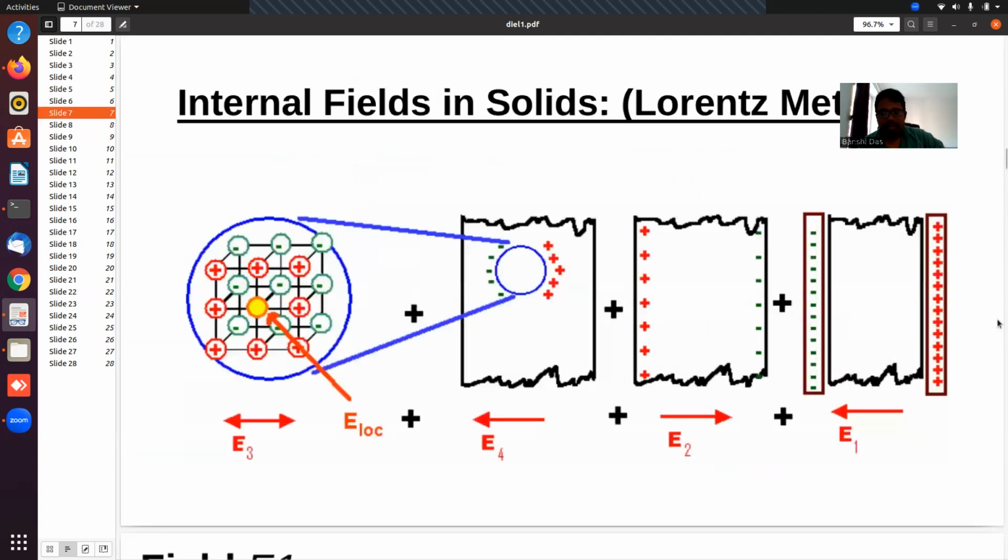With a DC current, a constant electric field, there is one response. But if we put alternating current, like an electromagnetic wave with some frequency, the response depends on the frequency.